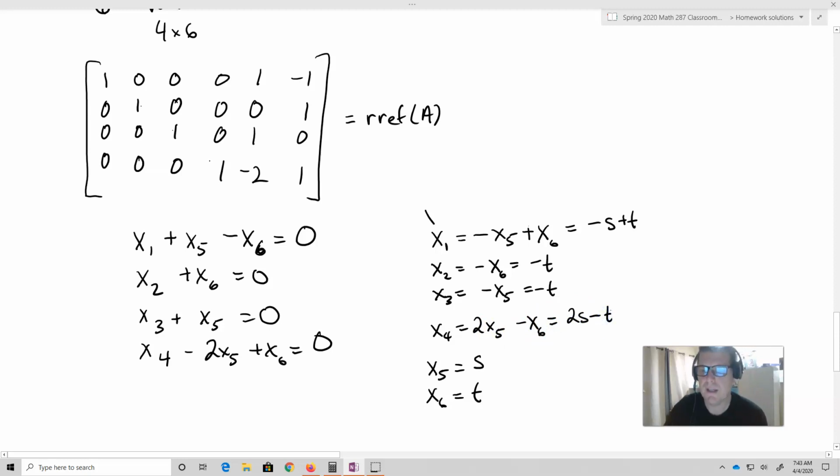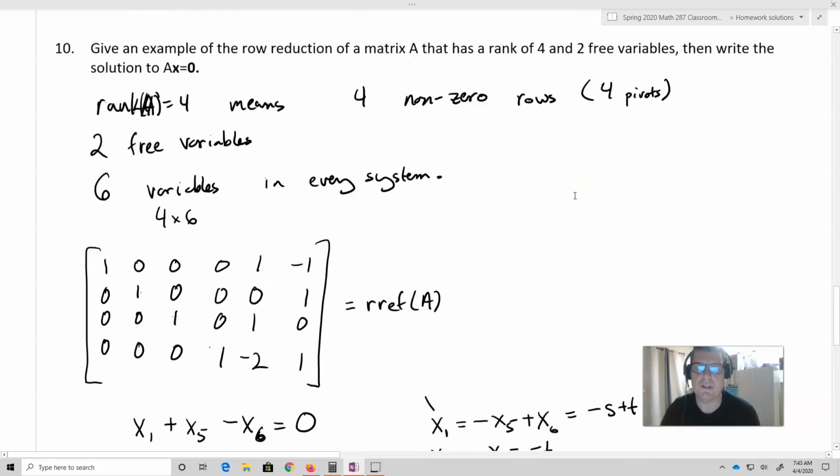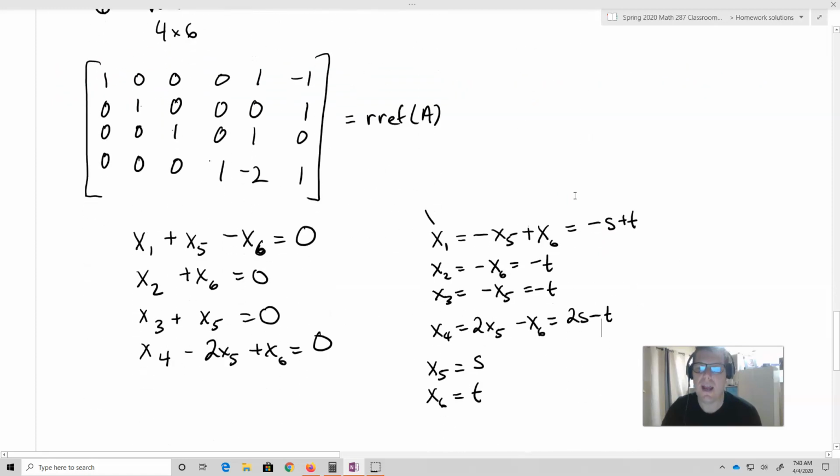Great. And so that's a parametric solution to AX equals 0.